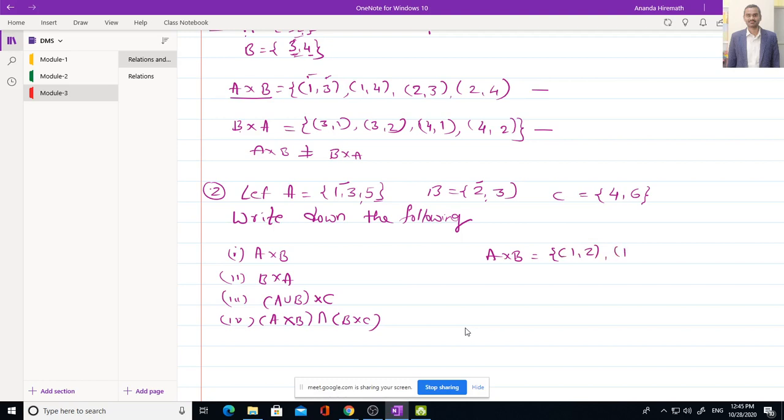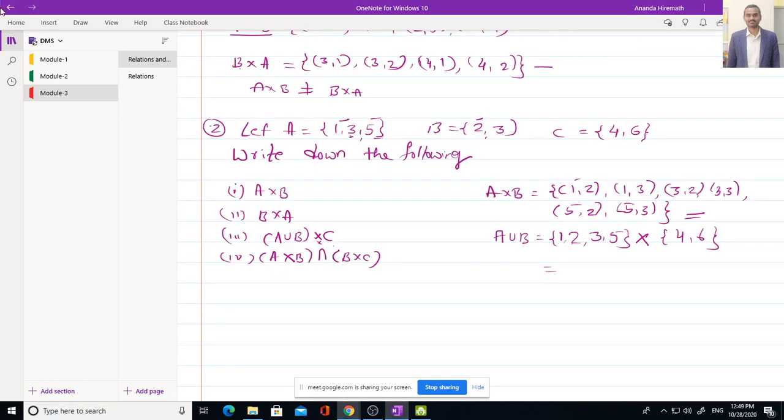Then I will choose that one repeatedly until I cover all the elements of B: (1, 3). Now I'll go back to the next element of A, 3: (3, 2), (3, 3). The next element is 5 from A: (5, 2), (5, 3). That is the required result, A cross B, and it is called the Cartesian product.